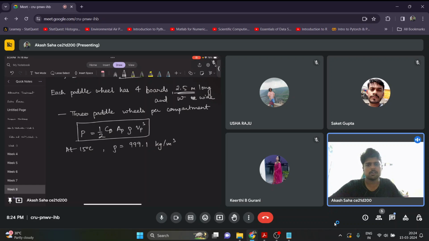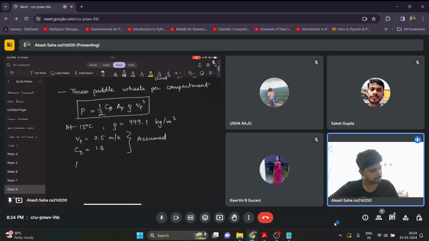Now this VP we have to assume. VP is not given in the question. So we will assume VP to be equal to 0.5 meter per second, and my CD value will be equal to 1.8 because these are the general values. So these are my assumed values.